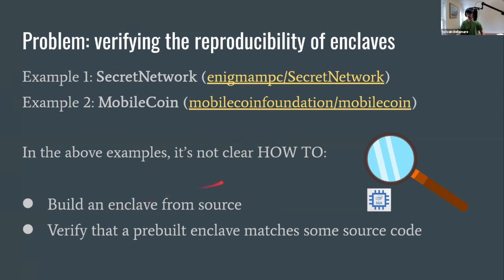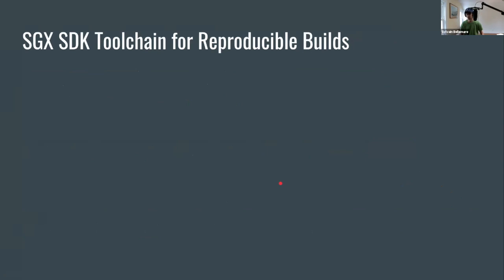So basically, how do you build the enclave from source, and how do you verify a pre-built enclave? Many of these projects use already built enclaves that are signed by some trusted authority. But what we're interested in is not trusting the key or someone who controls a private key, but trusting the source code. So it doesn't matter who signs, in other words.